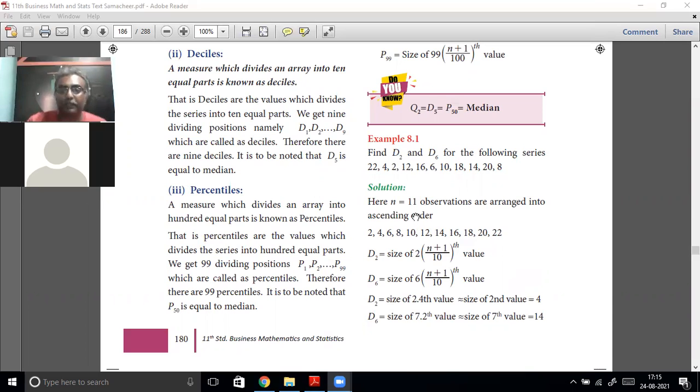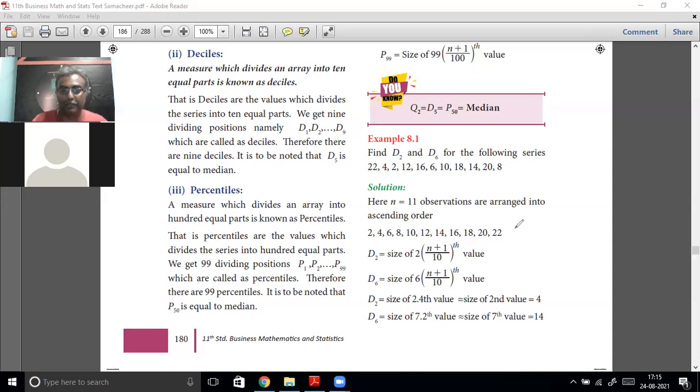Now let us take an example problem, then you'll understand. Find D2 and D6 for the following series. How many are there? 1 2 3 4 5 6 7 8 9 10 11. So n is equal to 11. You have to arrange them in ascending order, and they are arranged in ascending order: 2 4 6 8 10 12 14 16.